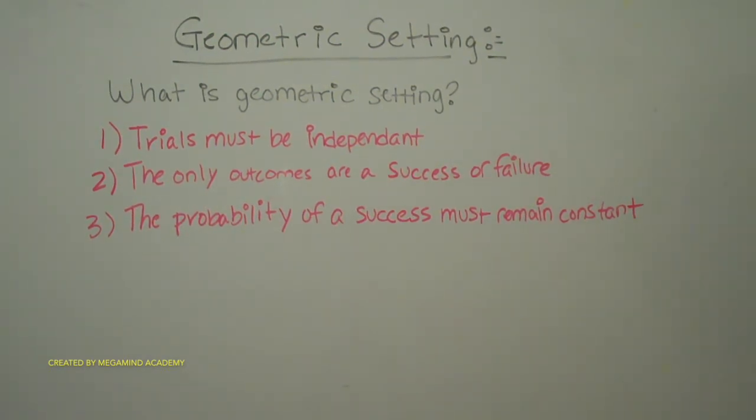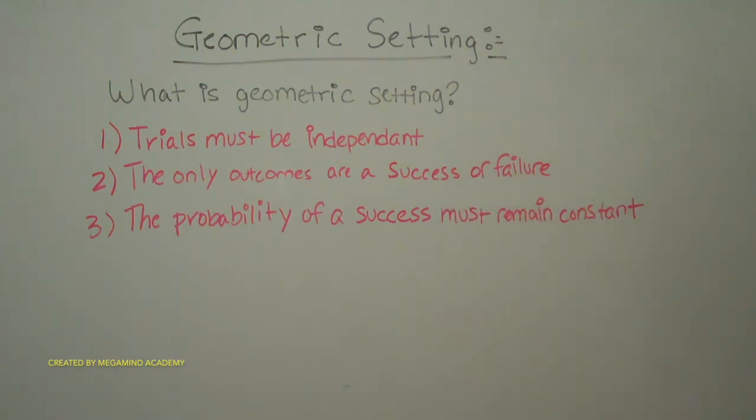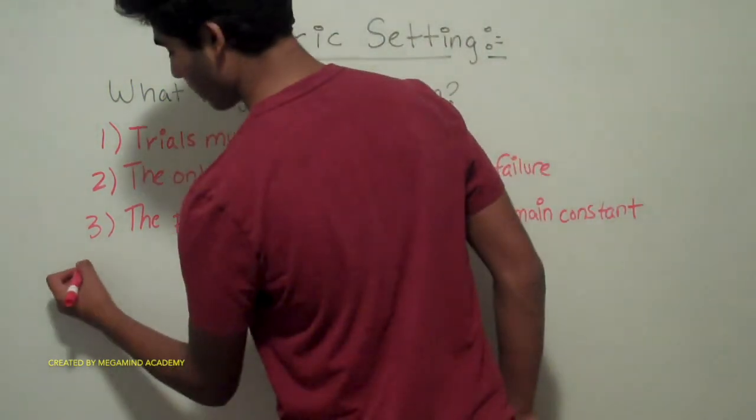Well, it means that for every trial there is the same probability of success, and therefore there's also the same probability of a failure. This is because there are only successes or failures. So the failure is the complement of the success, which we know is 1 minus the probability of a success. So if the success is a constant probability, then its complement or failure will also be a constant probability.